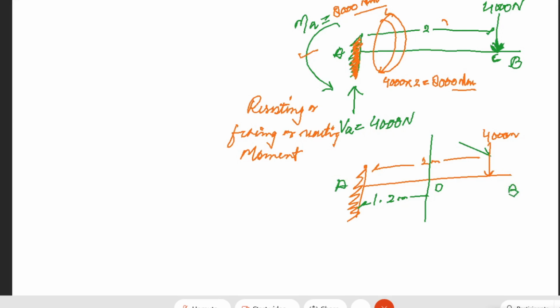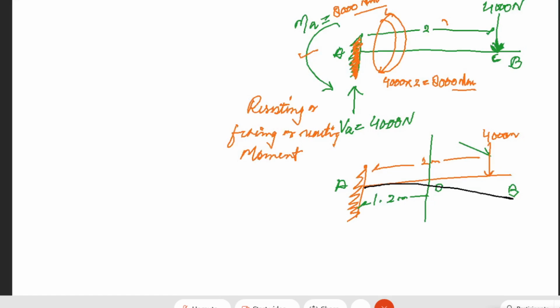Now, at this section, there is actually a possibility of failure by shear. Right, there will be a possibility of failure by shear, because as you know the beam will deflect somewhat like this.